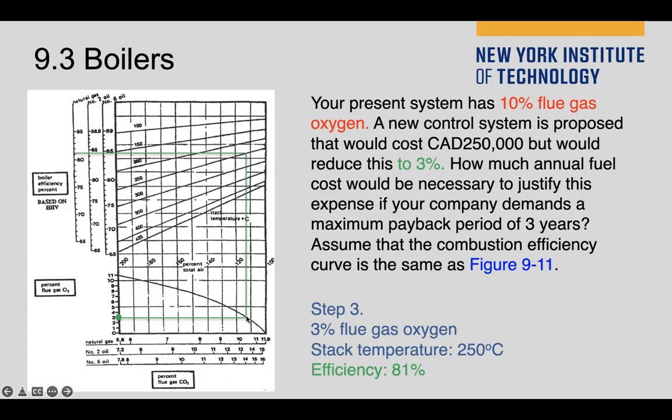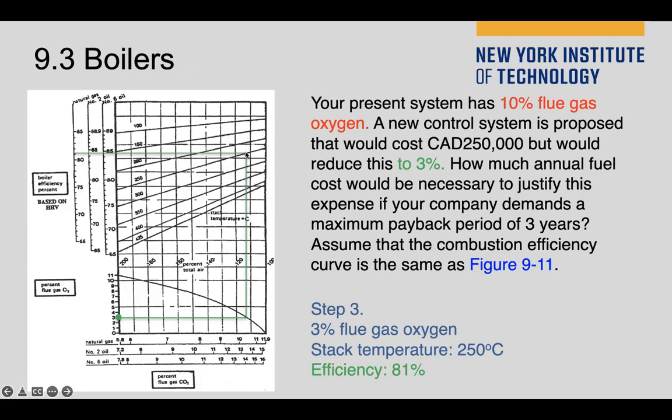After this curve is touched, we draw a vertical line, because we need to compare at the same stack temperature of 250. So we draw this vertical line, touch this line and stop.